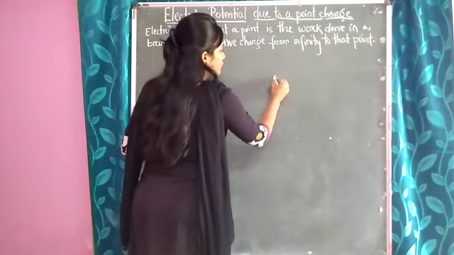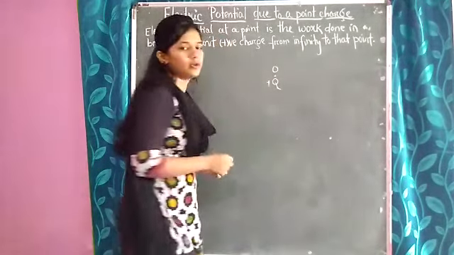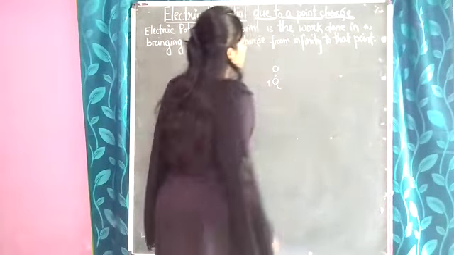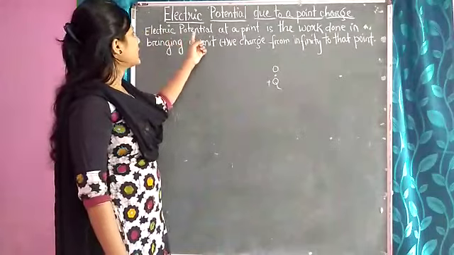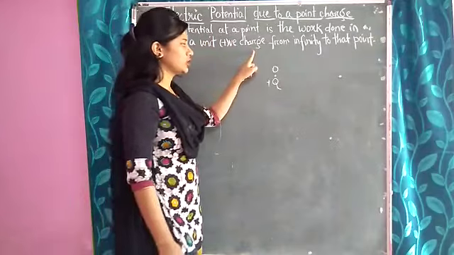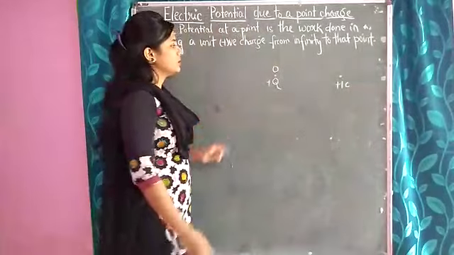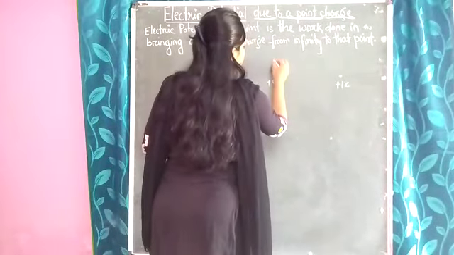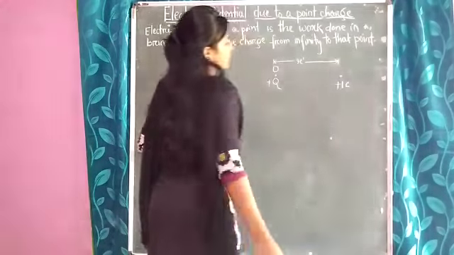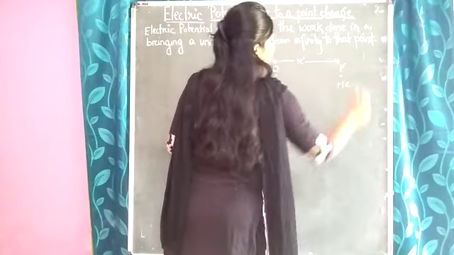Suppose the source charge is plus Q and it is placed at a point O, and there is another charge. Since we are finding electric potential at a point, we will take a unit positive charge, that is plus 1 coulomb, placed at a distance of r dash, at point P dash.